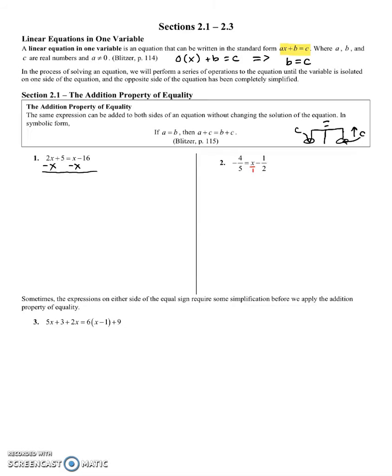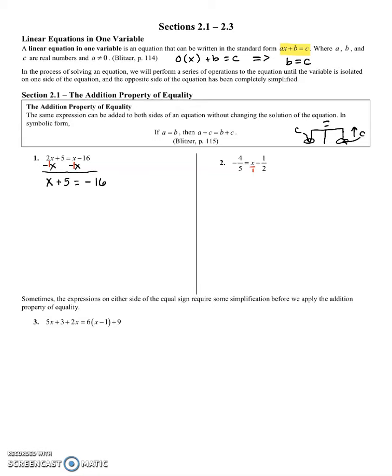Now remember, it's like there's a 1 in front of both of these x's, even though we don't write it. So if we have 2x minus 1x, that gives us a 1x. And we haven't done anything with the numbers, so we still have plus 5. Now the x minus the x on the right-hand side canceled out, leaving us with a negative 16.